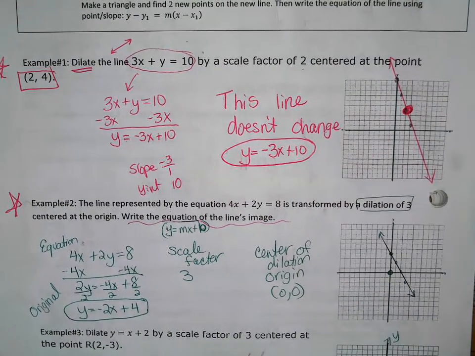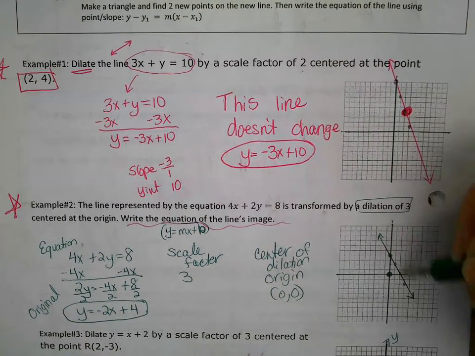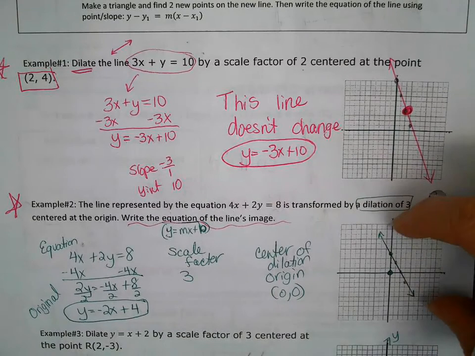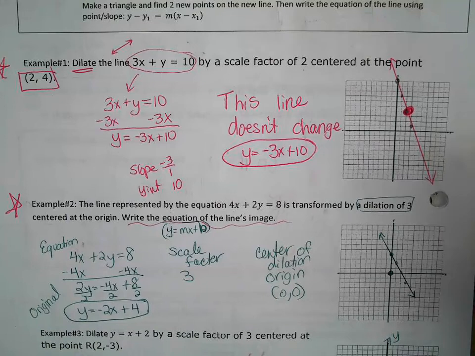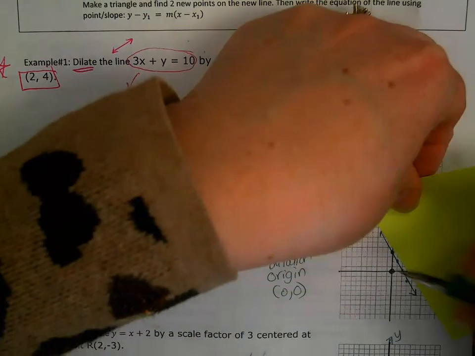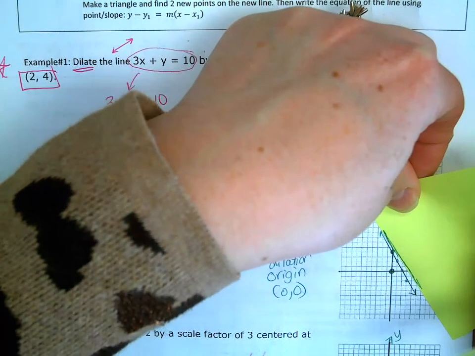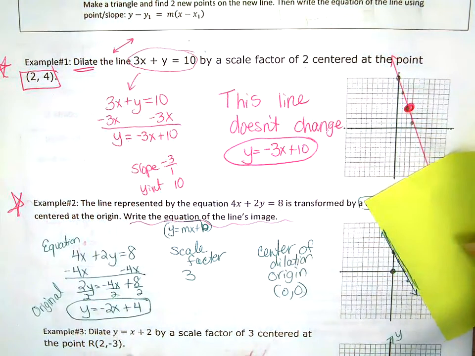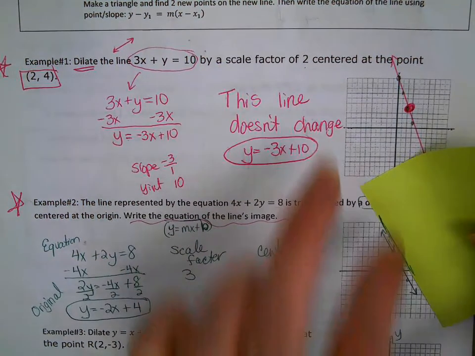So something important about the new line: a scale factor of 3 means that this line has to get 3 times farther away than the original. If my segment is on this little post-it note, that line isn't becoming longer or shorter.